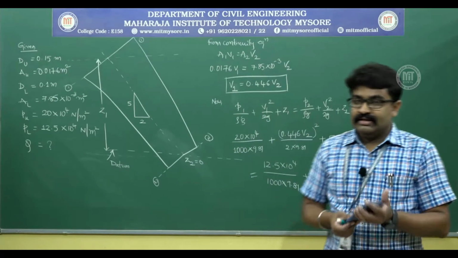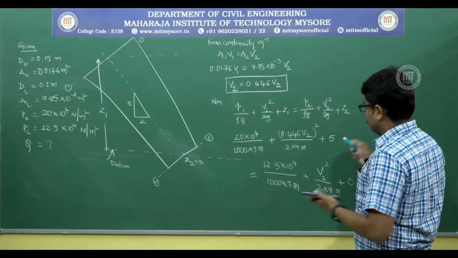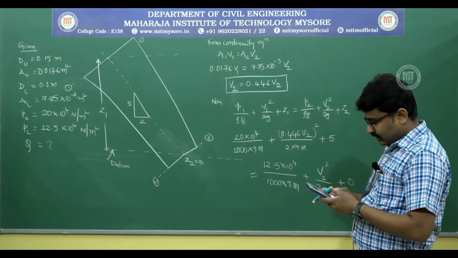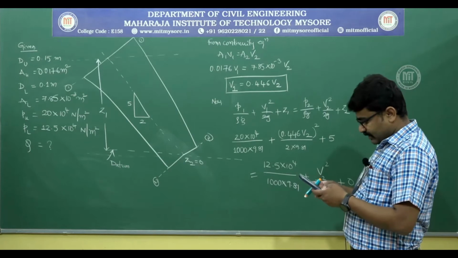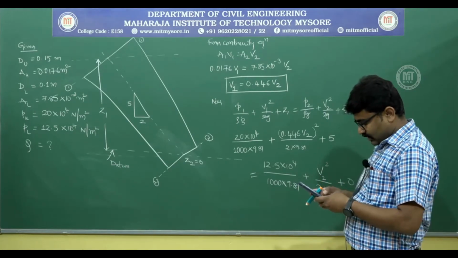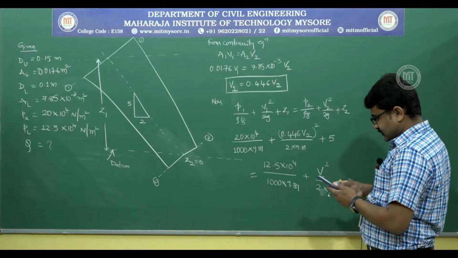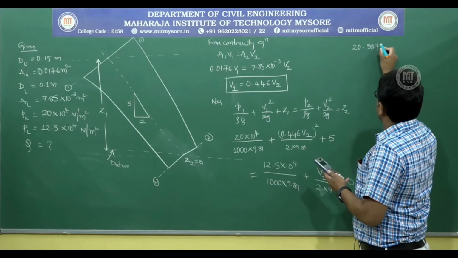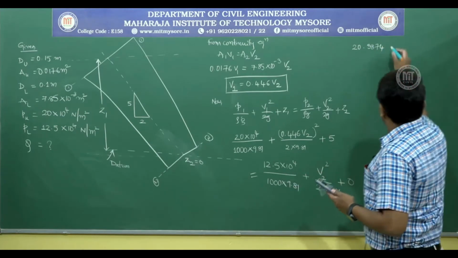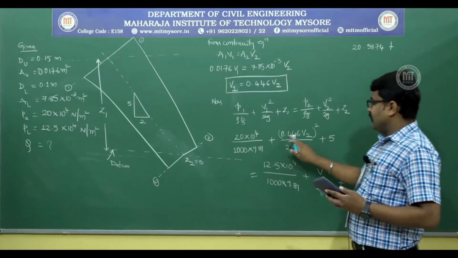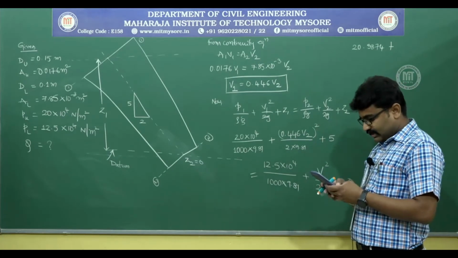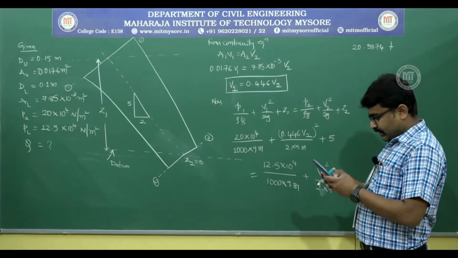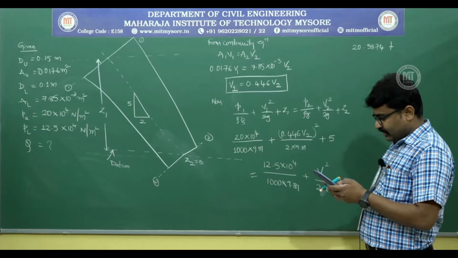Now, I will solve it step by step. What is this? 20 into 10 power 4 divided by 1000 into 9.81, that is 20.3874, plus what is this? 0.446 V2 square, that is nothing but 0.446 square divided by 2 into 9.81.